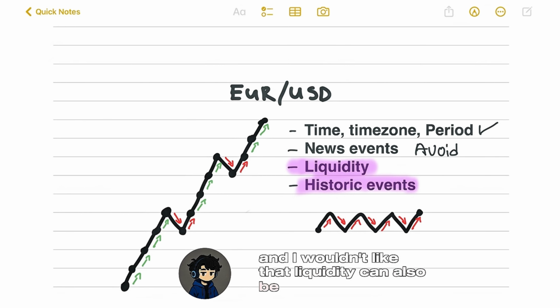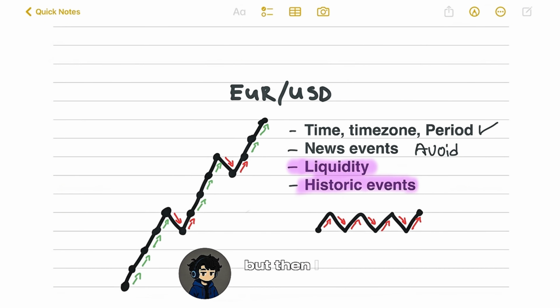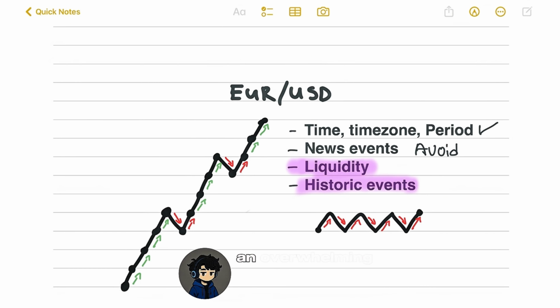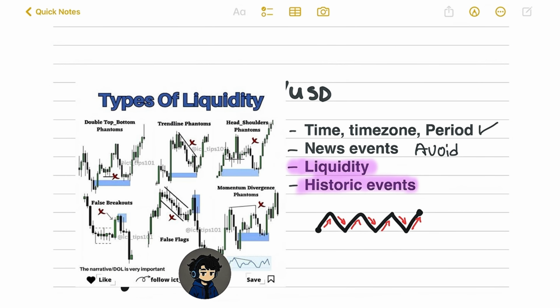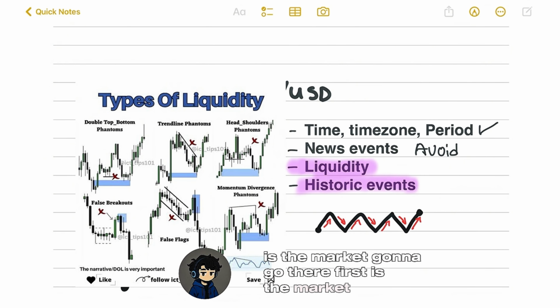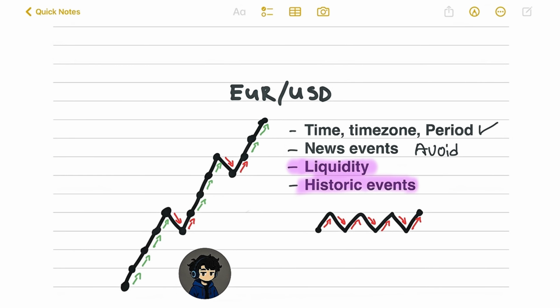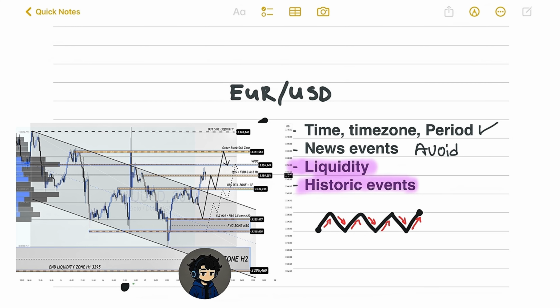Liquidity can also be a great indicator, but I don't concern myself with this because it's usually too complicated for me to understand. And it comes with an overwhelming dilemma of which liquidity is valid. Is the market going to go there first? So I usually do not concern myself with this, as well as historic events, because which low is going to hold? There are so many.